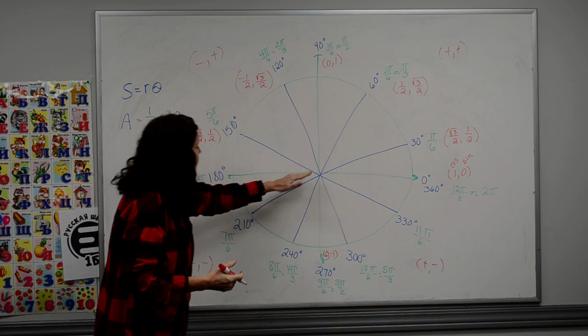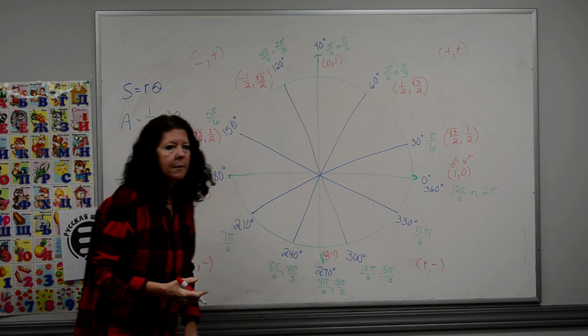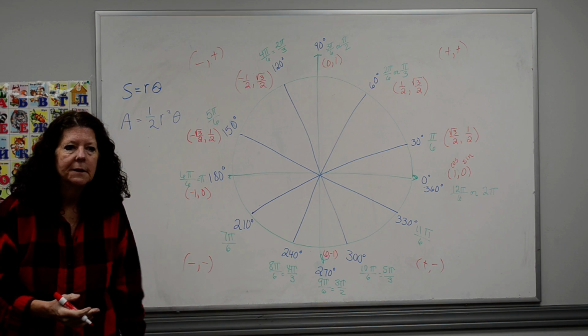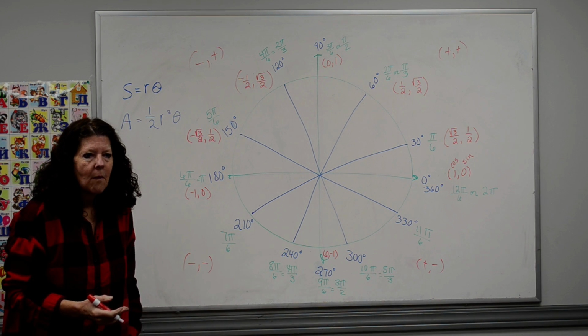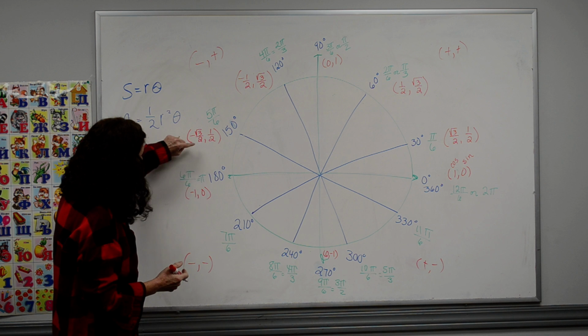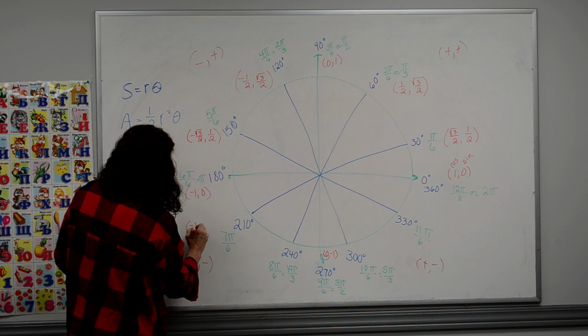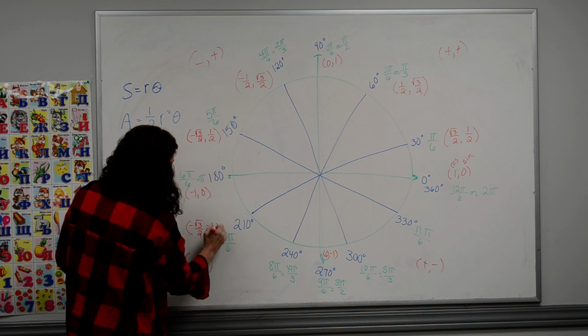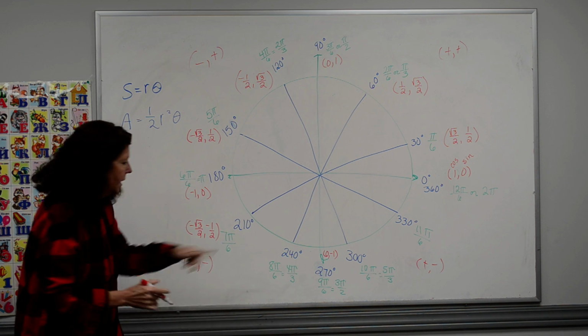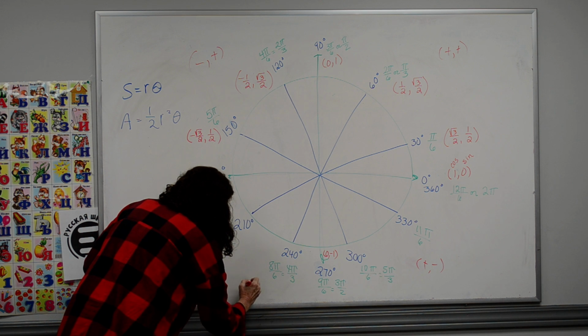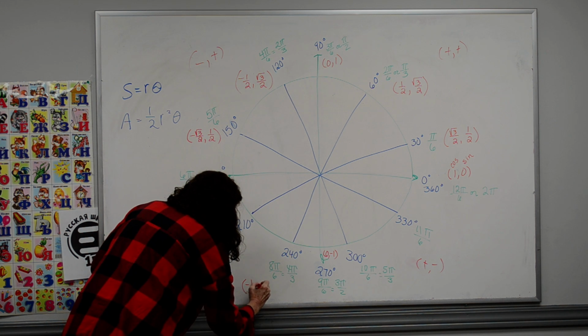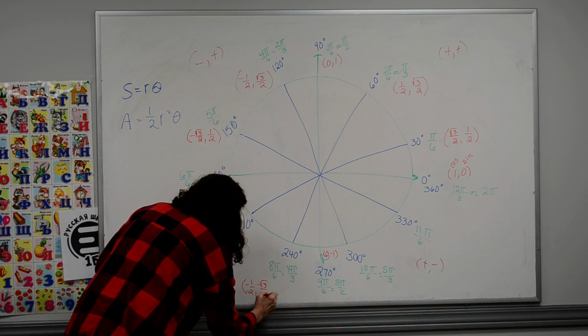Okay, now what do you think happens when I come down here? They're both negative. Okay, so this right here, the 210, is negative square root of 3 over 2 and negative 1/2. This one is negative 1/2 and negative square root of 3 over 2.